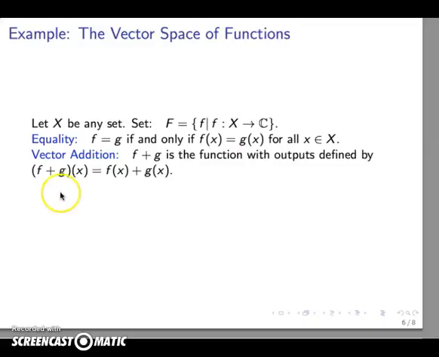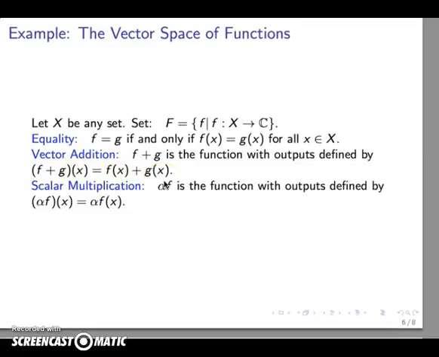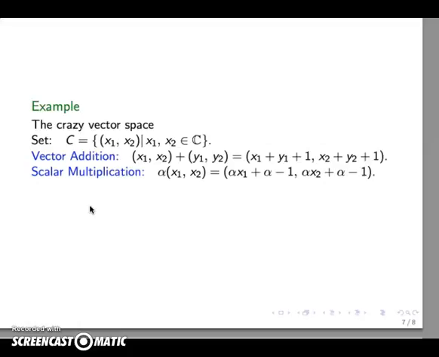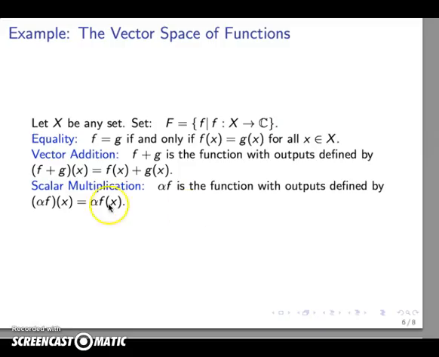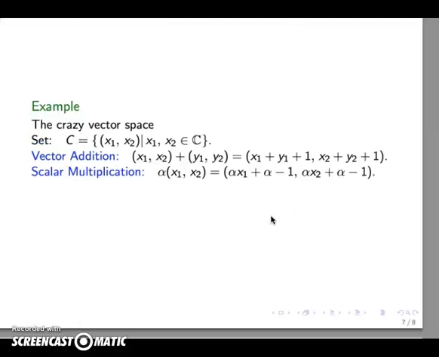The addition is defined as f plus g at x, f of x plus g of x, and the scalar multiplication defined as alpha f evaluated at x is no other than f of x multiplied by alpha on the left side. So with those definitions, we find that this is an example of a vector space.